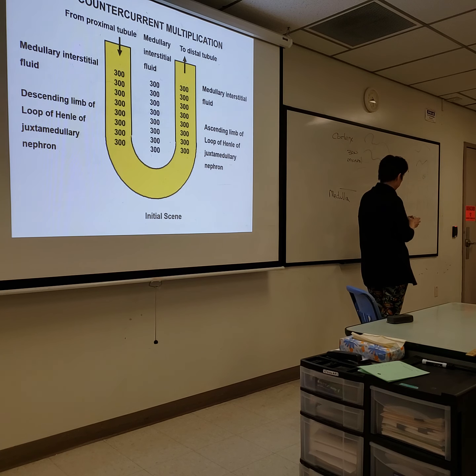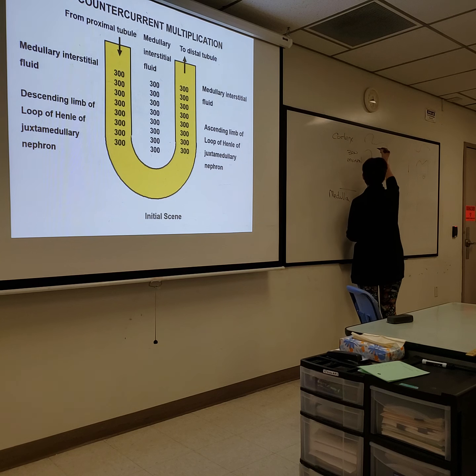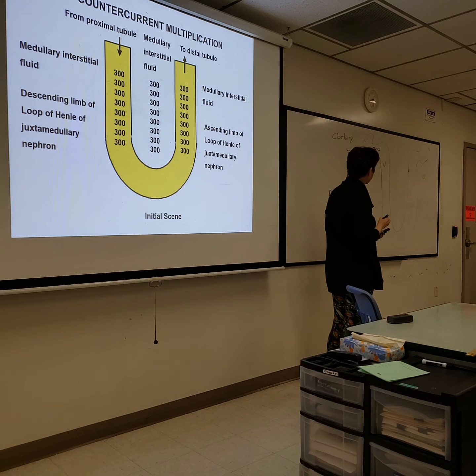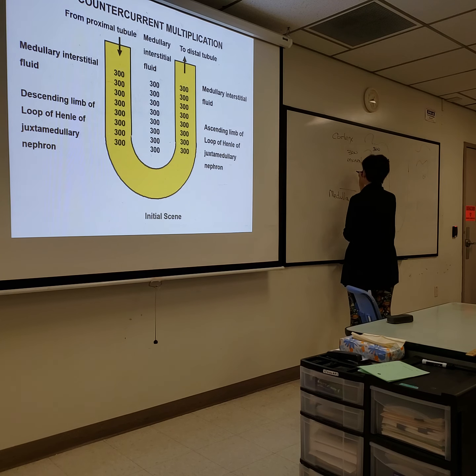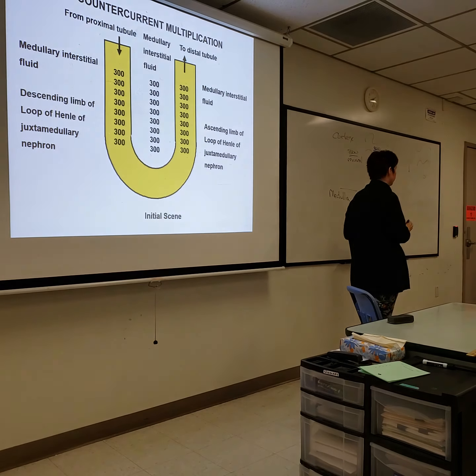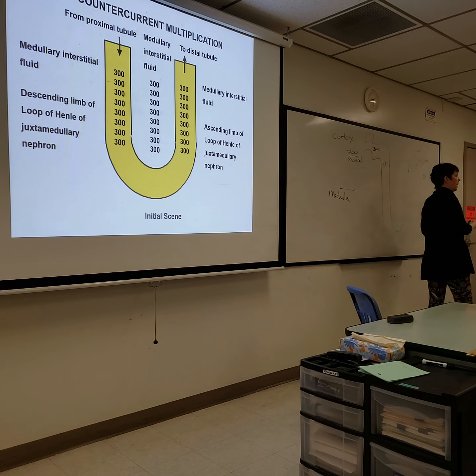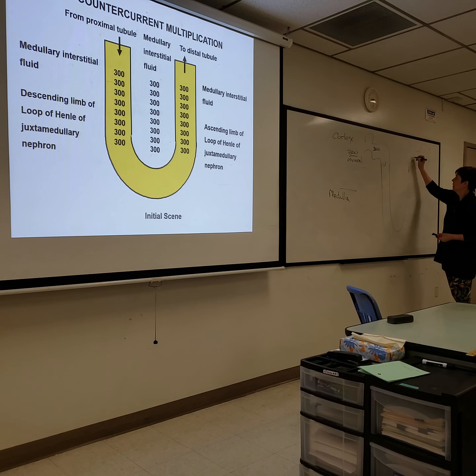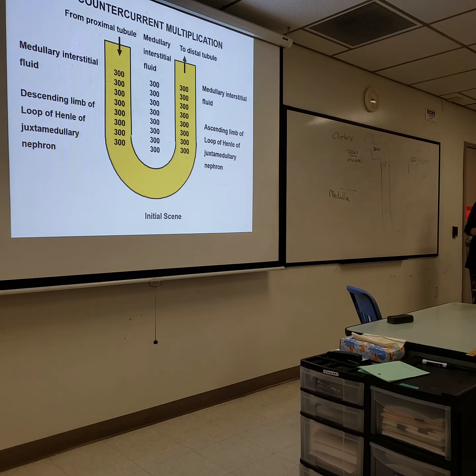So our glomerular filtrate in the proximal convoluted tubule has an osmotic concentration of 300 milliosmoles. Right? In the surrounding fluid of the cortex, it's 300 milliosmoles. After it comes back up the nephron loop from juxtamedullary nephrons, it's 100 milliosmoles.